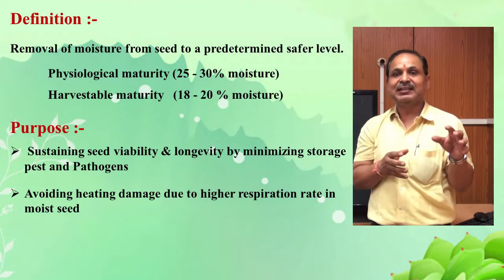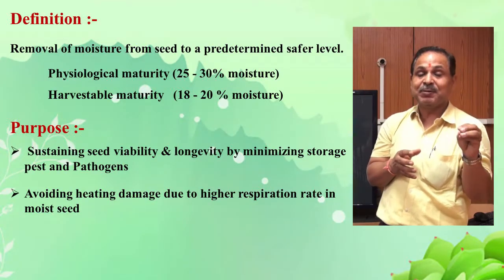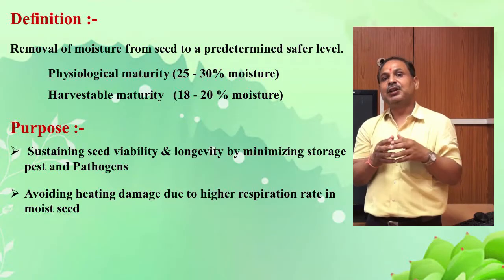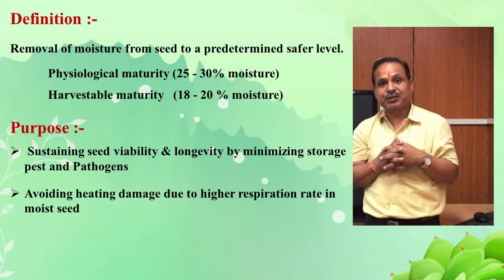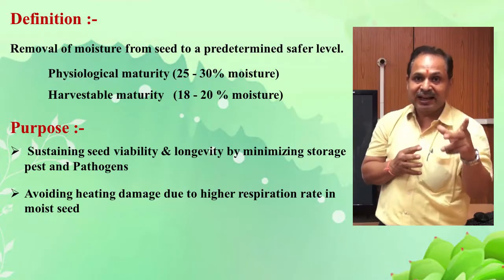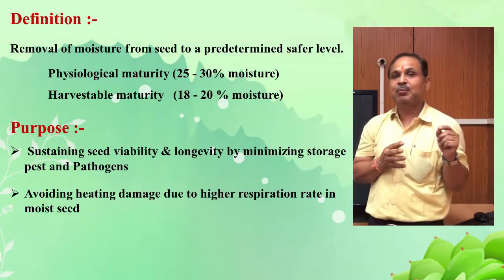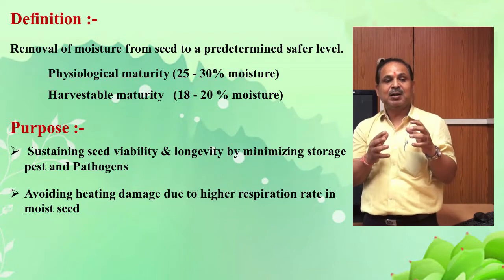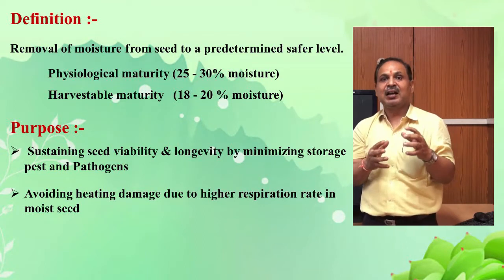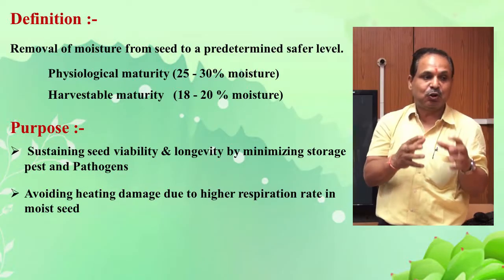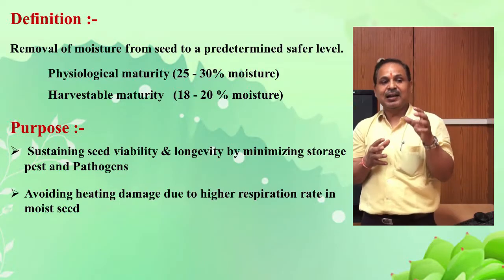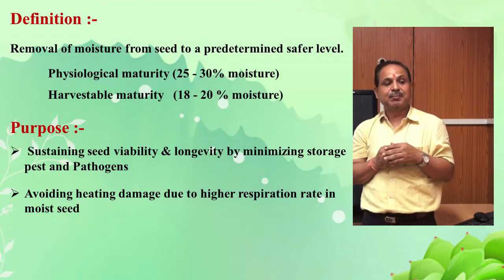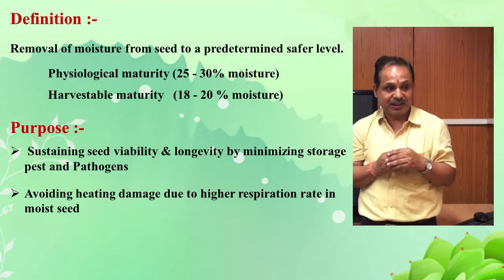In this case, the moisture percentage is a little bit more, at 25 to 30% moisture. Then there is harvestable maturity, at which most of the crop stand is physiologically matured, and at that time the crop has 18 to 20% moisture.